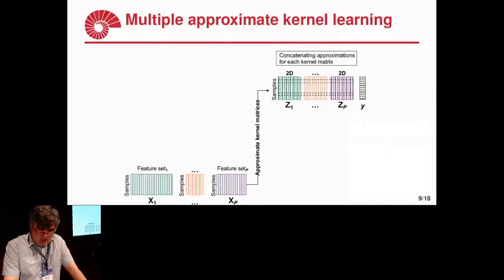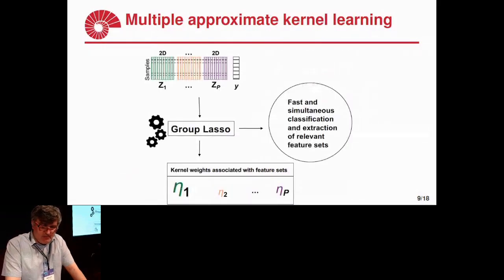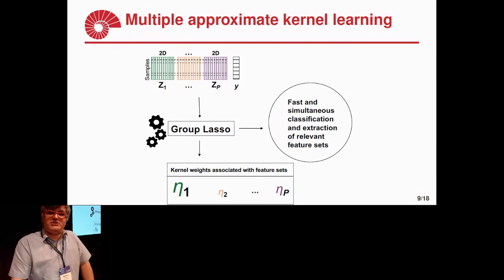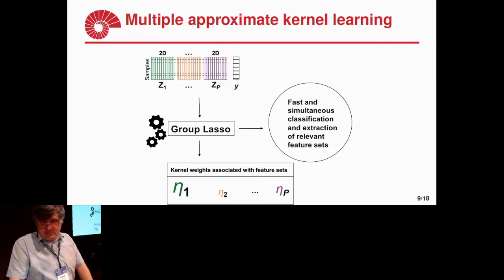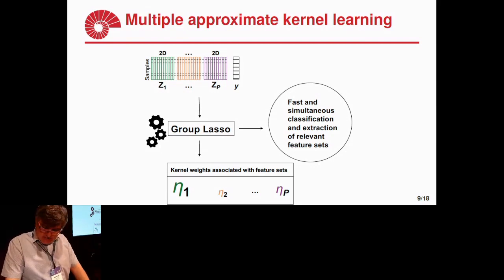Okay. Now, in the third and last step, we concatenate all of these Z matrices into a single input matrix, which will be fed into group lasso. And the group lasso algorithm will eliminate the irrelevant pathways, and it will pick some of the pathways as relevant feature sets. So this summarizes the overall algorithm.